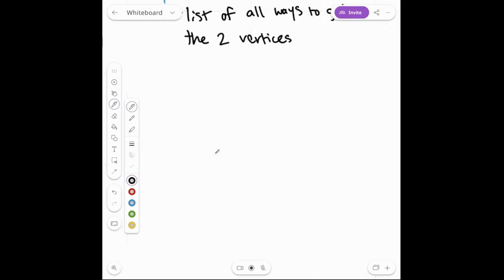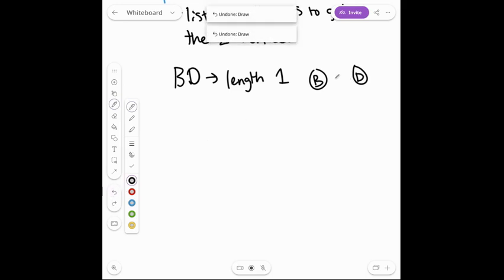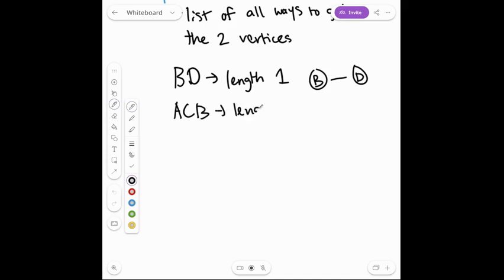For example, BD would be a path of length 1 because you're only crossing from one vertex to another vertex. While ACB would be a path of length 2 from vertex A to vertex B, although you are stopping at vertex C in the middle.